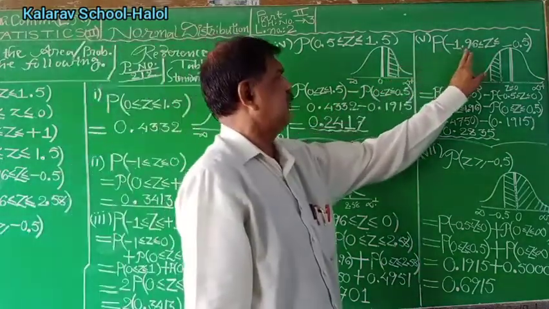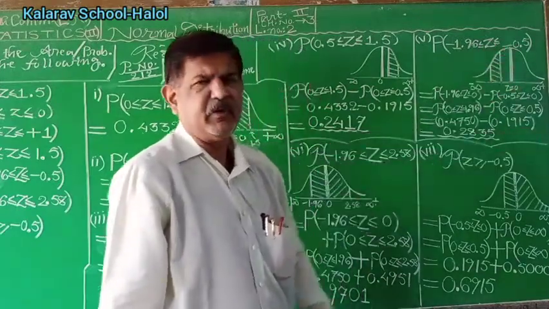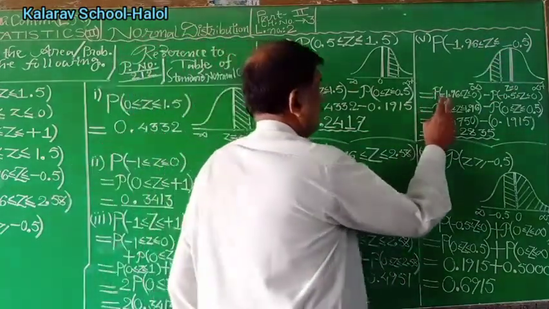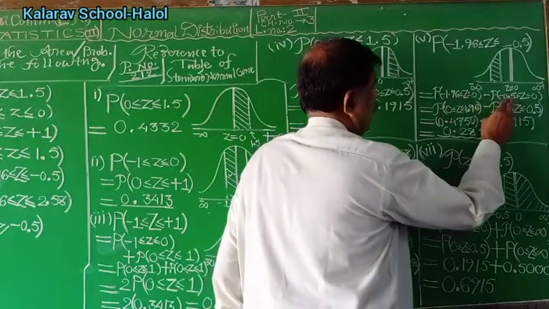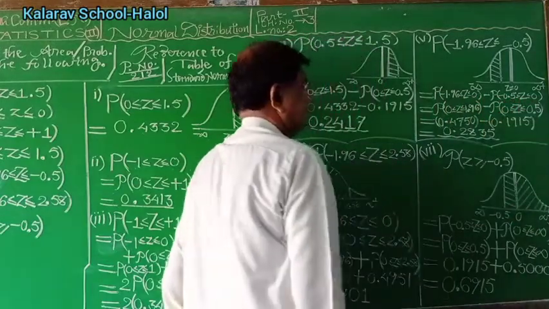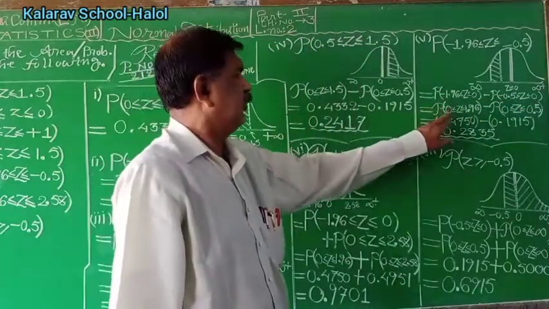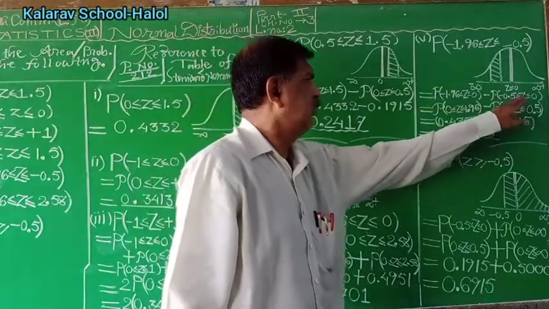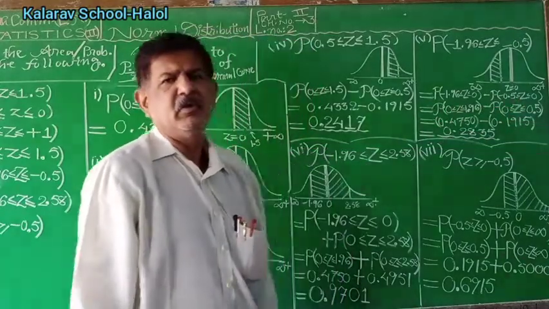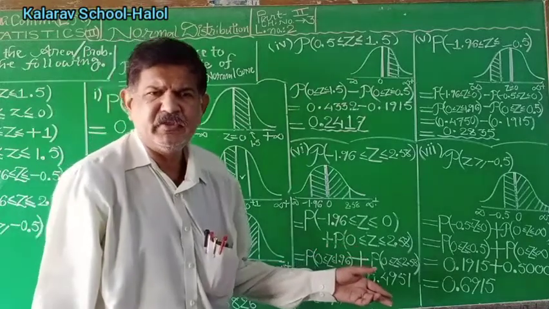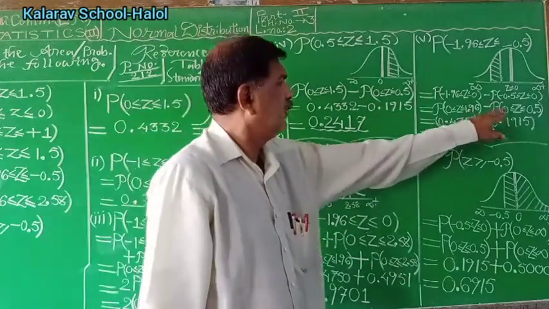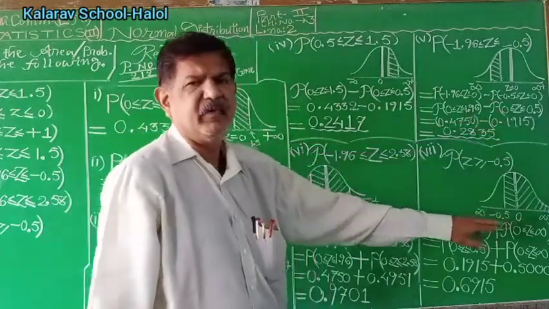Same way, minus 1.96 to minus 0.5: that is minus 1.96 to 0 minus minus 0.5 to 0, which is 0 to 1.96 and 0 to 0.5. The area 0 to 1.96 is 0.4750, and 0 to 0.5 is 0.1915.